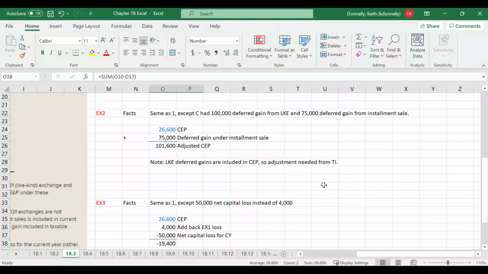Under E&P rules, they say no, this transaction, we're going to say all of it we recognize in the current year. It's like you made the sale this year. So that's 75 you don't get to defer. We have to increase our taxable income for it.